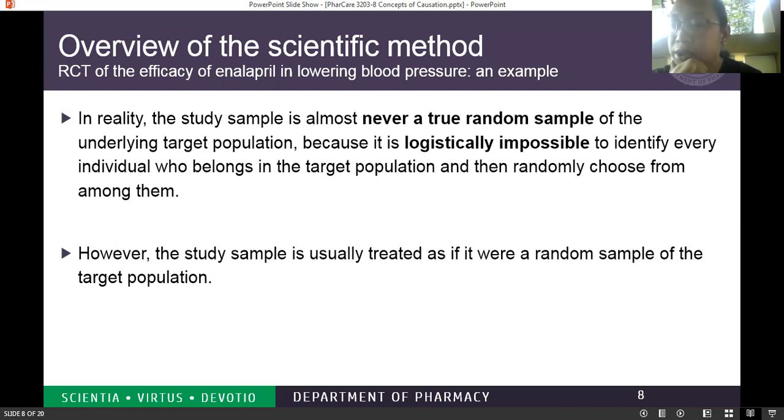If our target population is the general population, for example the adult population with hypertension in Cebu City, then to do simple random sampling we have to know how many people there are, and what kind of identification we can use to select them randomly.